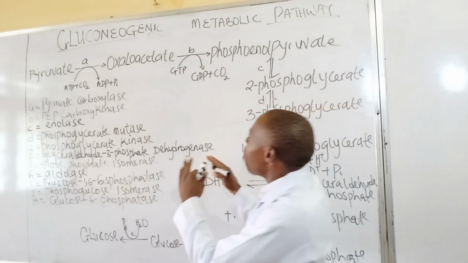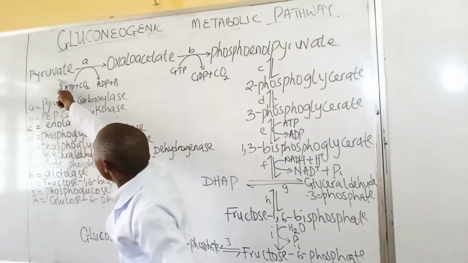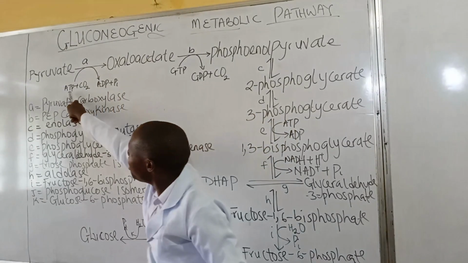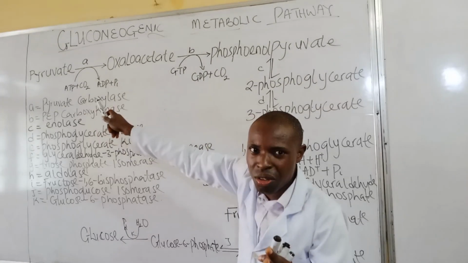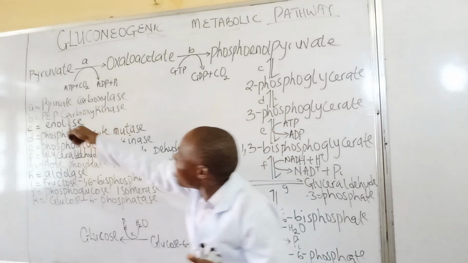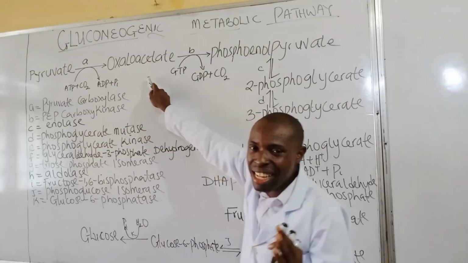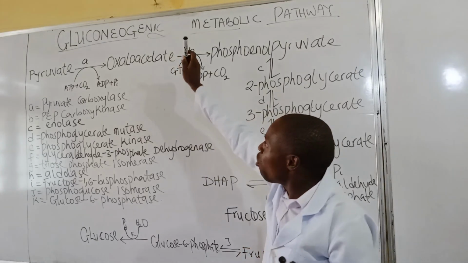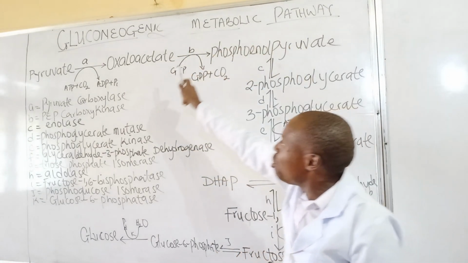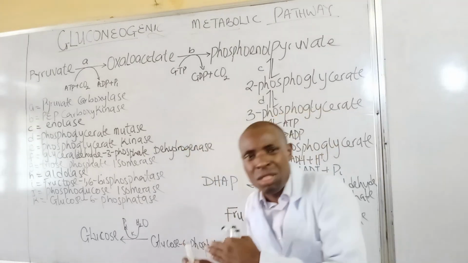Now, when we look at this pathway critically, we understand that from pyruvate to oxaloacetate, ATP is consumed, and CO2 enters this pathway to give us oxaloacetate. Then from oxaloacetate to phosphoenolpyruvate, GTP is also consumed.